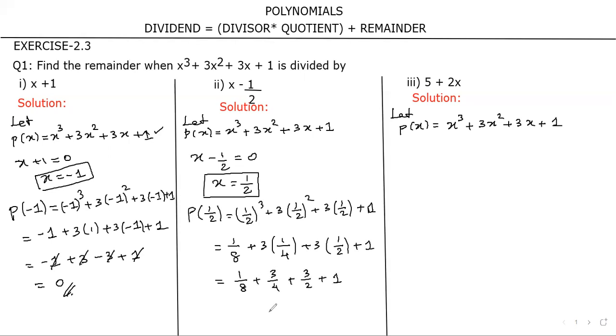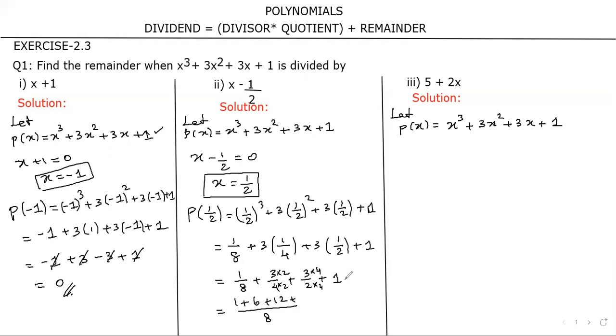So here, this 8 is the largest number. This is the LCM here. So just take LCM. So 1 will be here because 1 is having the 8 as a denominator. And here, just you have to multiply by 2 to get 8. So what happens in the numerator? 3 2s are 6 plus. Here you have to multiply by 4. So in the numerator, it becomes 3 4s are 12.